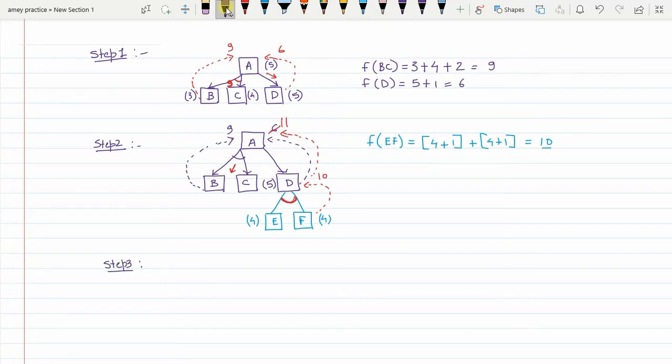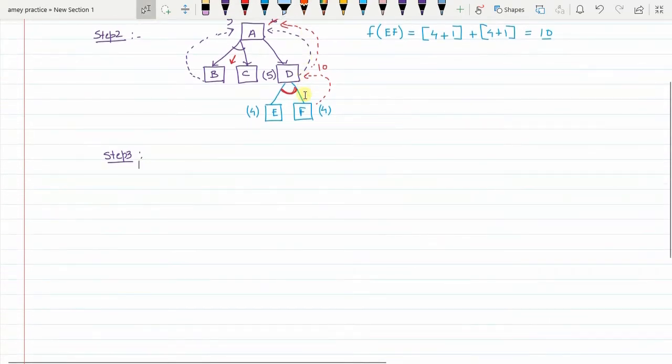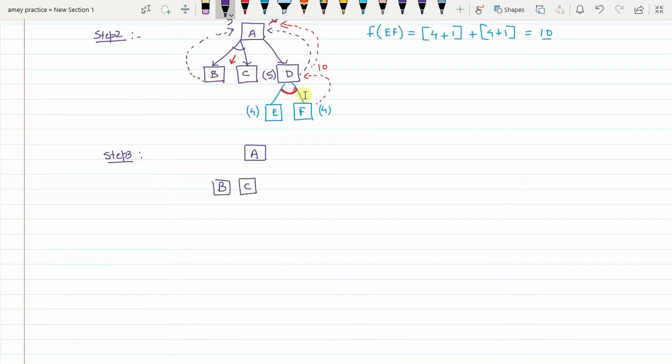In step 3, the tree that is revealed to us so far, I am just redrawing it. We started with A as the root node, B and C where the end arcs, and A also had another successor called D. D was further expanded to get the end arc EF. Correct?